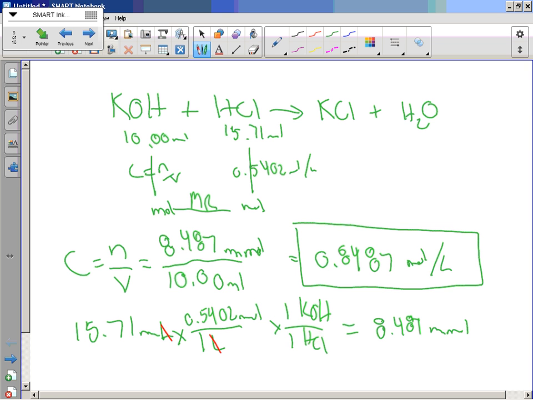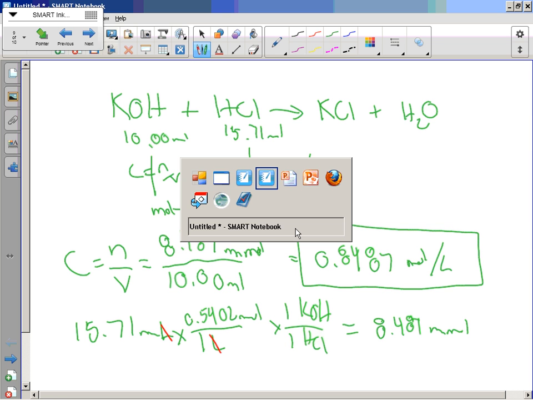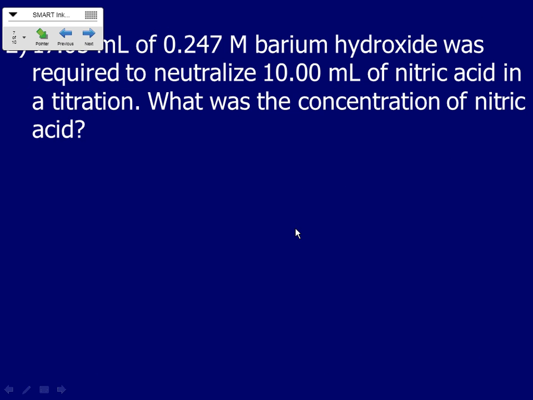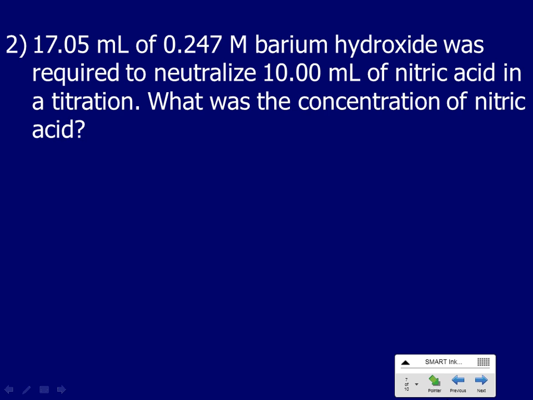I'm actually going to stop there. I know we've got 2 more examples, but you can go ahead and do them. In the examples that I have here, you'll notice I don't have you worrying about finding an average. In other words, I've told you the average. So this is just the stoichiometry version of it.